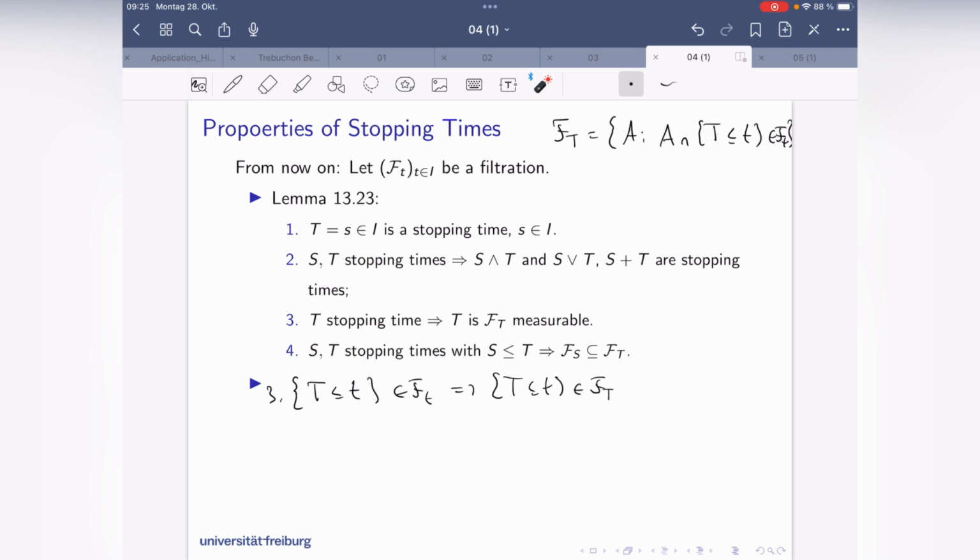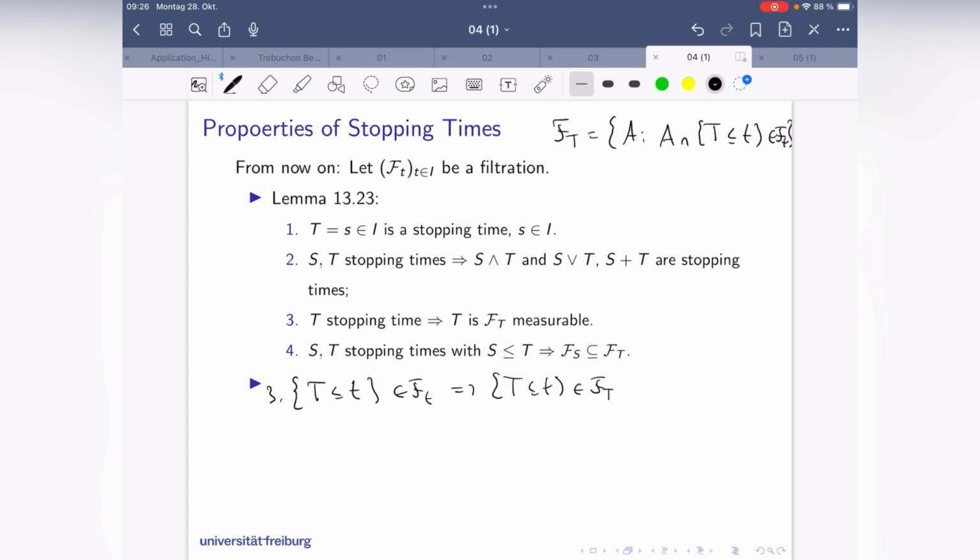Okay. Then the last property: if I have two stopping times, big S and big T, and S is smaller or equal than T, then F big S is a subset or equal to F big T. Let's see.